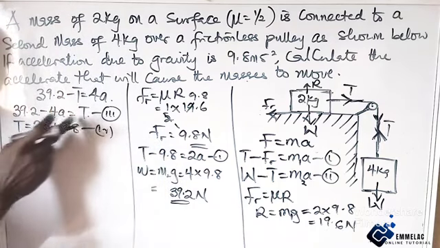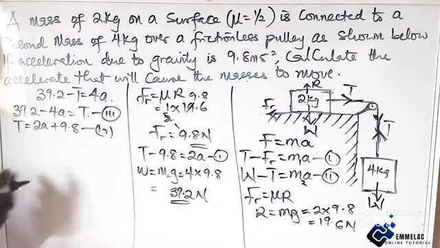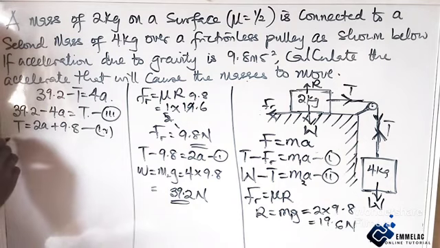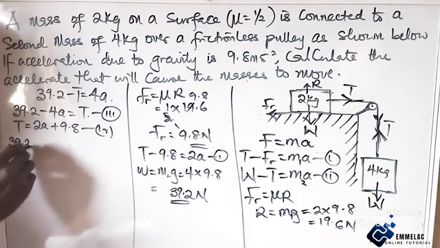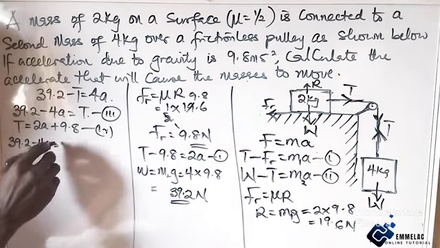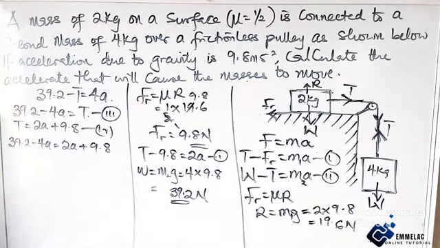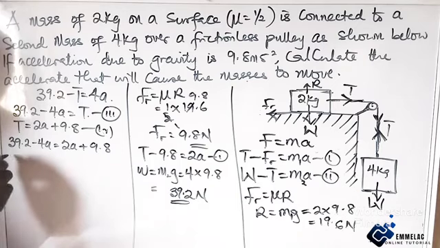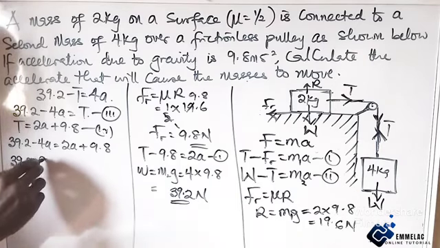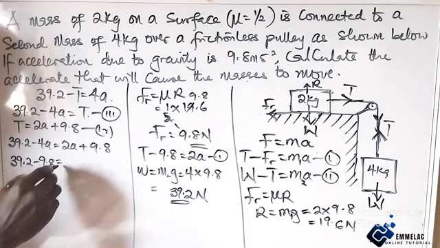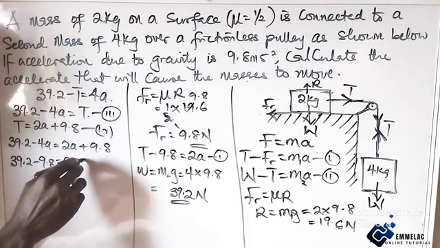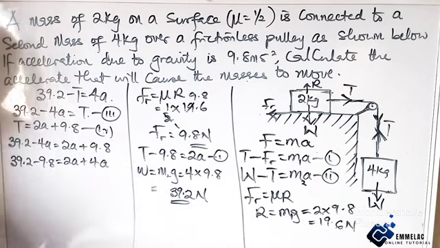Now since the tensions are the same, we can now equate these two. We can now say 39.2 minus 4A equals 2A plus 9.8. Alright, let us collect like terms. So it will be 39.2 minus 9.8 equals 2A plus 4A.